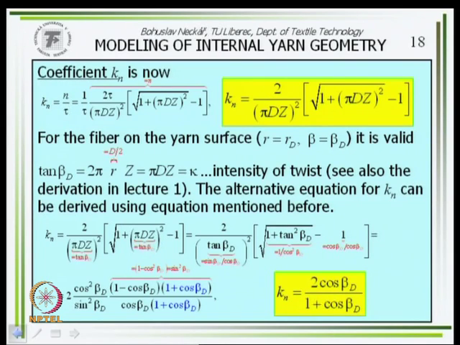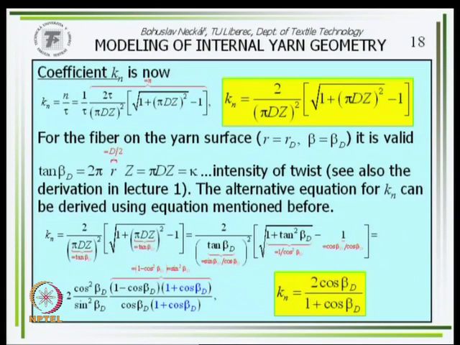We can also use another rearranging. This expression is identical with this expression. But we know from lesson 1 that pi d z is tangent beta d, the tangent of the peripheral angle beta on the yarn. So it's tangent beta d.